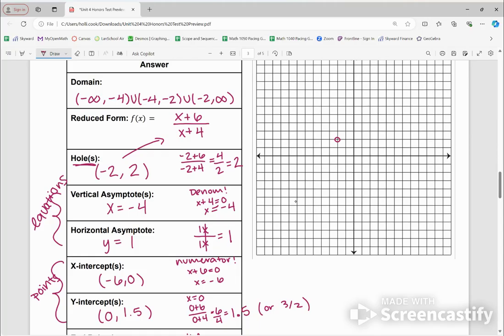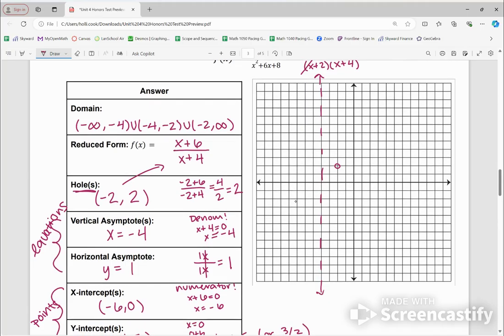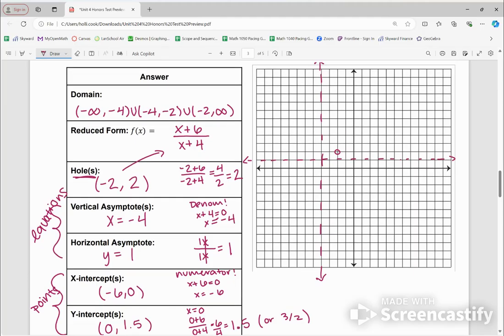So I'm going to draw that one on there. Okay, our horizontal asymptote is at 1. We have an x-intercept at -6 and a y-intercept at 1.5.